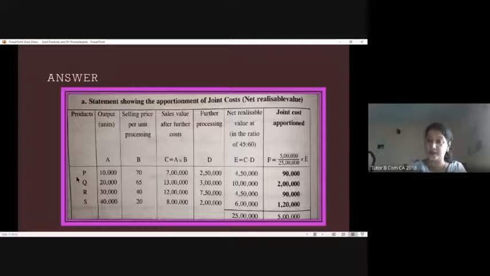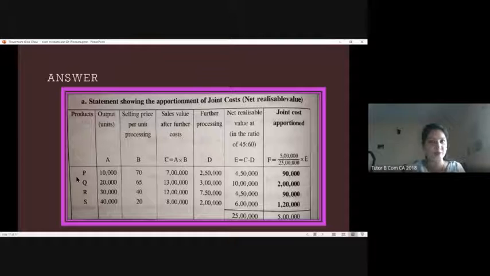So till now we are discussing, first we discussed about market value method. Then we discussed about market value after considering further processing cost. And now we discussed about net realizable value. So when we are talking about market value, the key point which you have to remember is that the proportionate allocation of cost into different joint products will be done on the ratio of market value of each of the joint products.